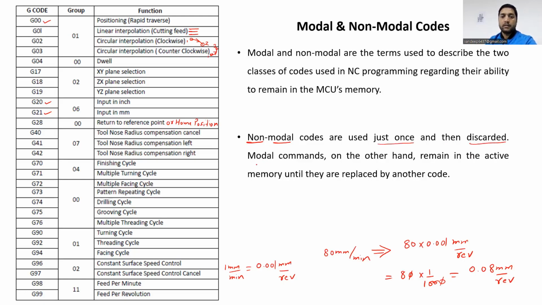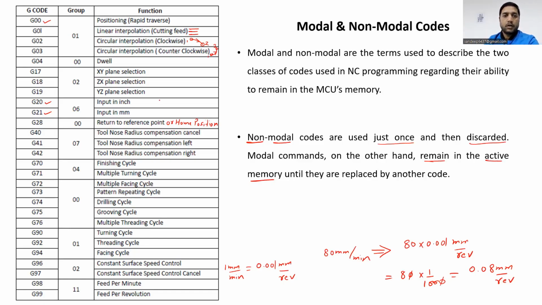On the other hand, modal commands remain in the active memory of the MCU until they are replaced by another modal code. And non-modal codes are just used once, and after that they will be discarded from the MCU's memory.